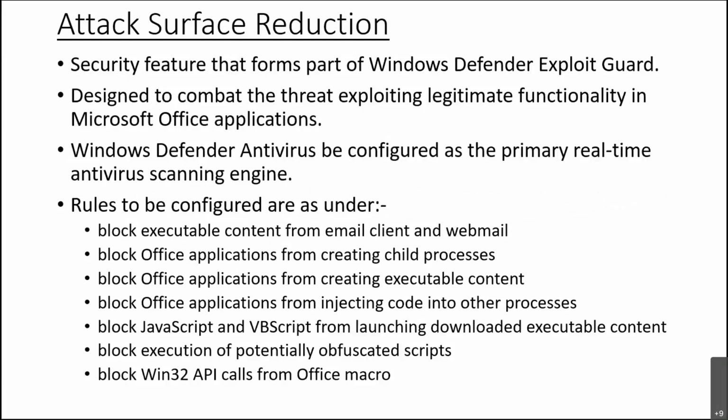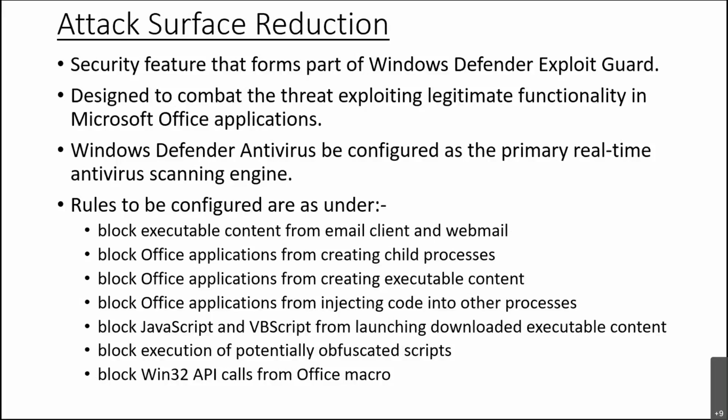Attack surface reduction is also a part of Windows Defender. Windows Defender is the default antivirus, which is primarily a real-time antivirus scanning engine, and it was designed to block email, child processes, executables, injectables, APIs, macros.